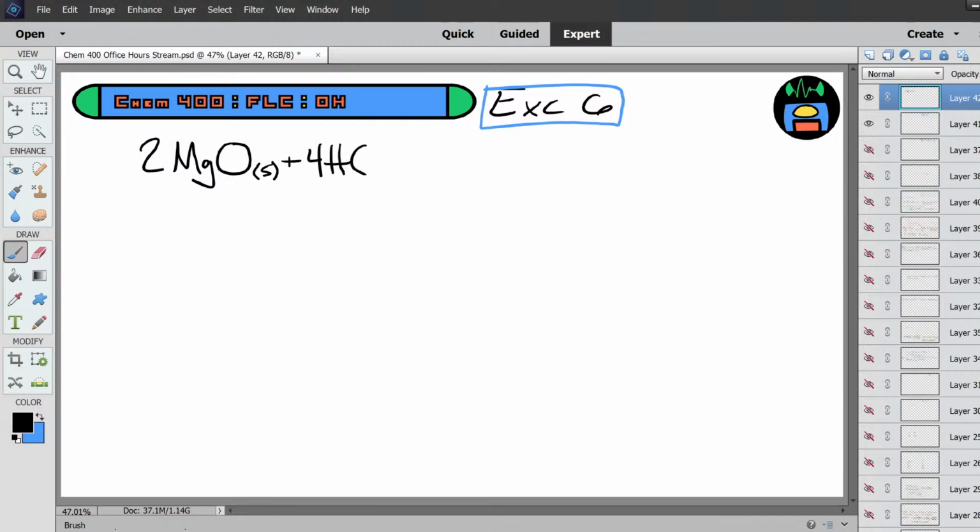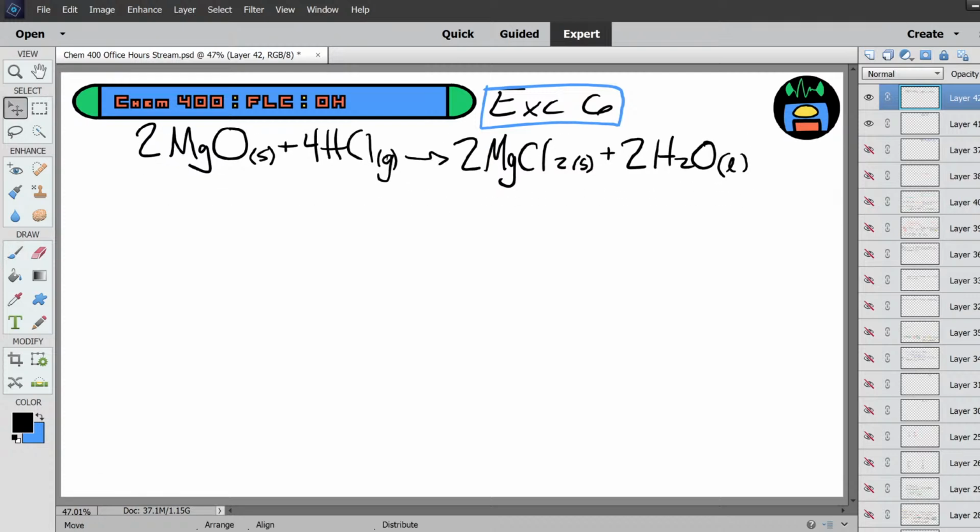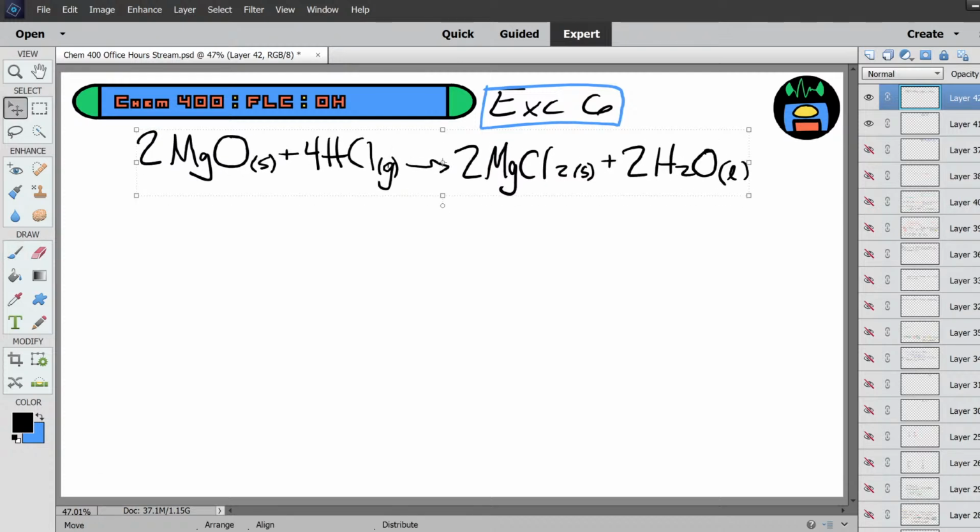So we've got 2 moles of magnesium oxide reacting with 4 moles of gaseous HCl, producing 2 moles of magnesium chloride, which is solid, and 2 moles of liquid water. So we want to find the delta H for this reaction.